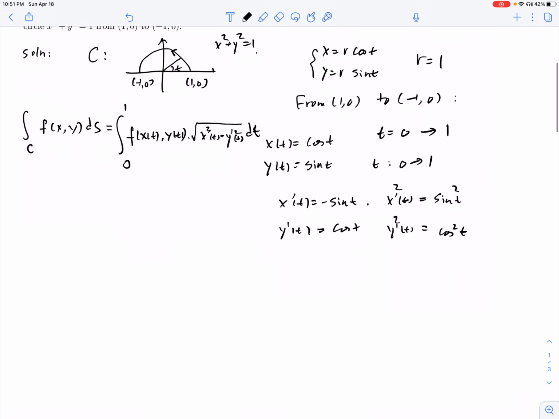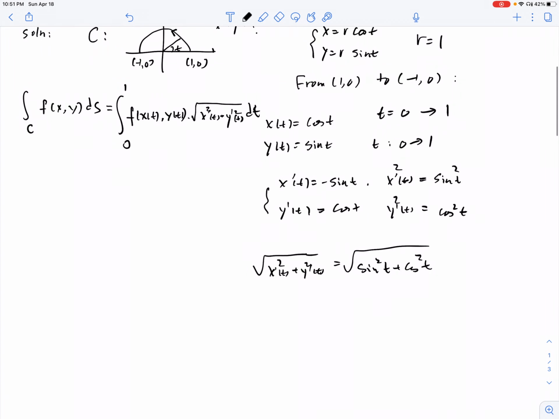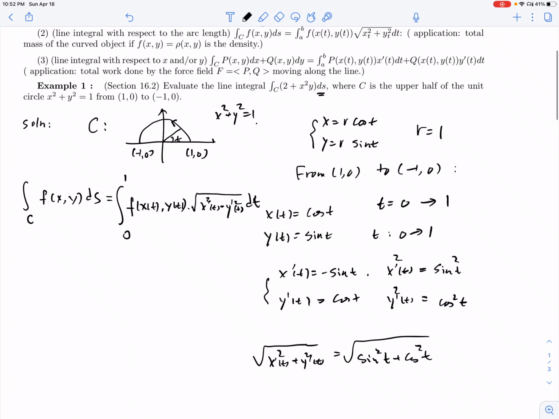So now we see that x prime of t squared plus y prime of t squared is a simple formula. It's sine squared t plus cosine squared t, and this is 1.